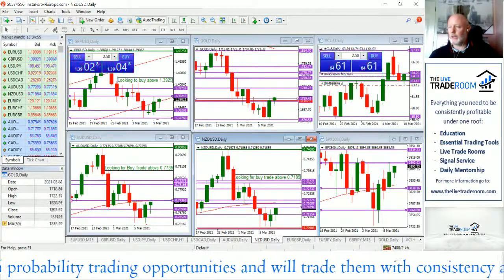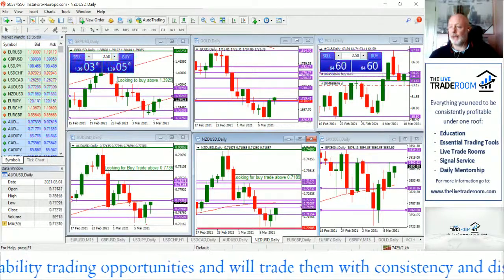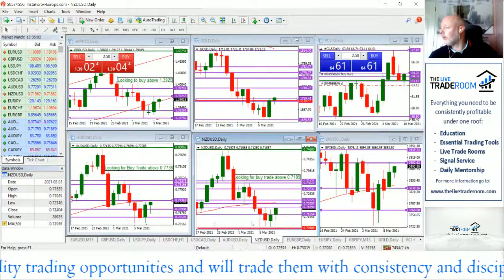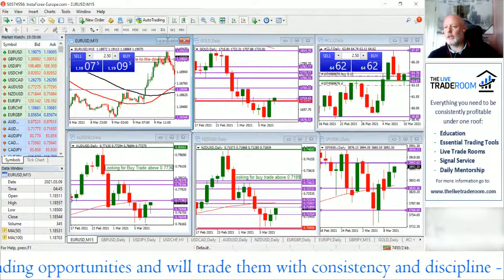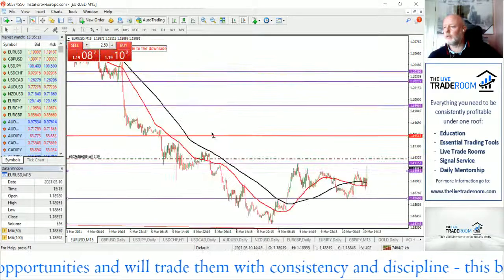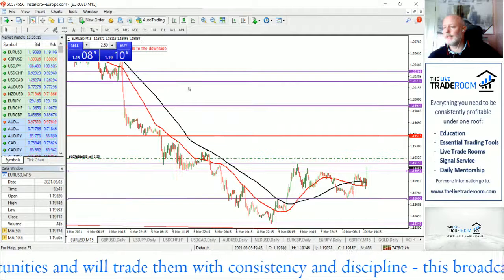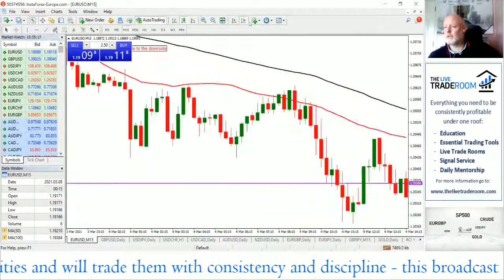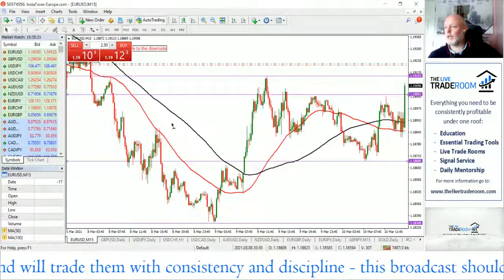So we're seeing gold tick higher, so there is capital coming out of the dollar. We can see euro dollar pushing higher. So really, we can look to position ourselves for that dollar strength trade.